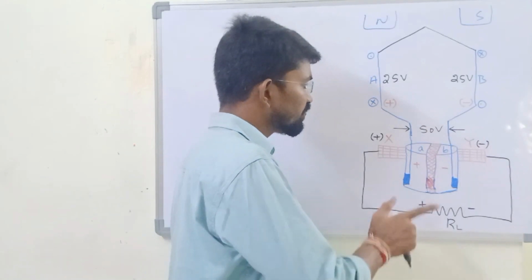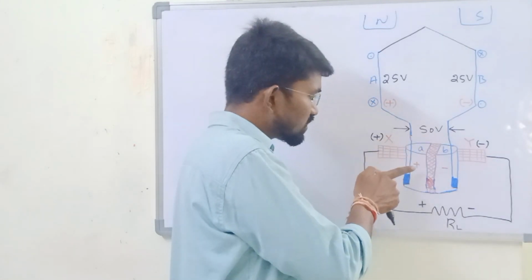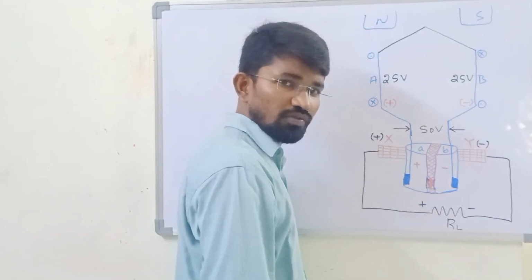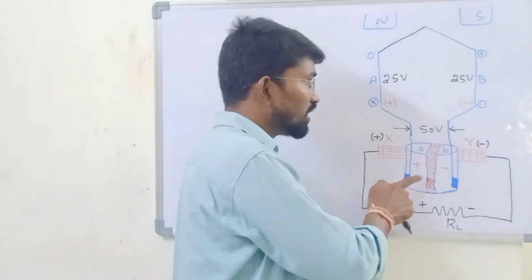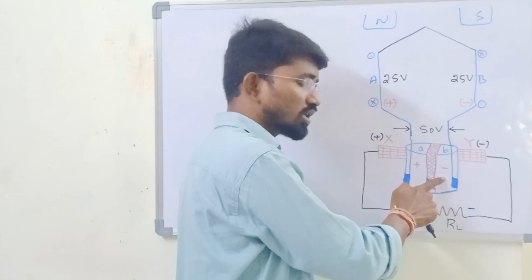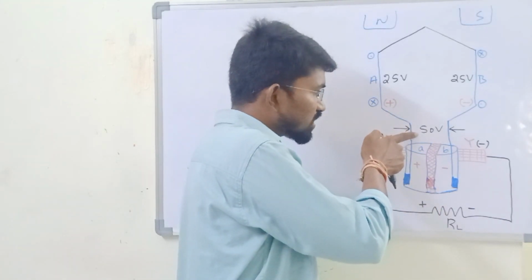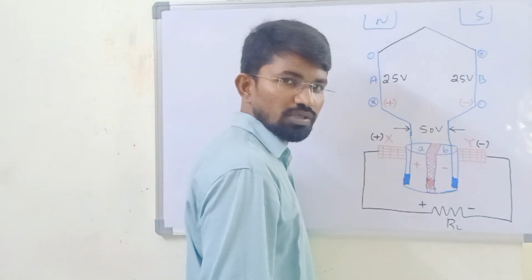Now tell me one thing: as the voltage across this coil is 50 volts, can I not say the voltage between these two adjacent commutator segments is also 50 volts? Why? Because conductor A is permanently connected to segment A and conductor B is permanently connected to segment B. Yes, that means the voltage across this coil is equal to the voltage between two commutator segments.